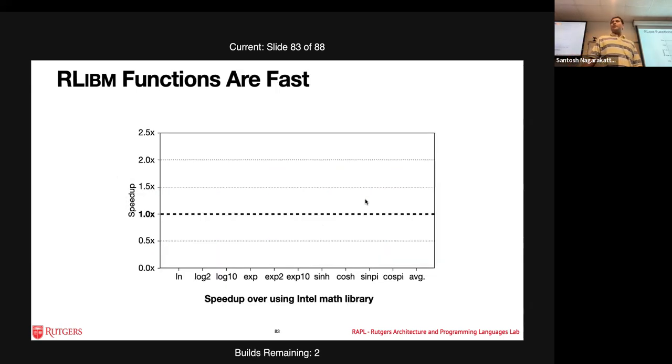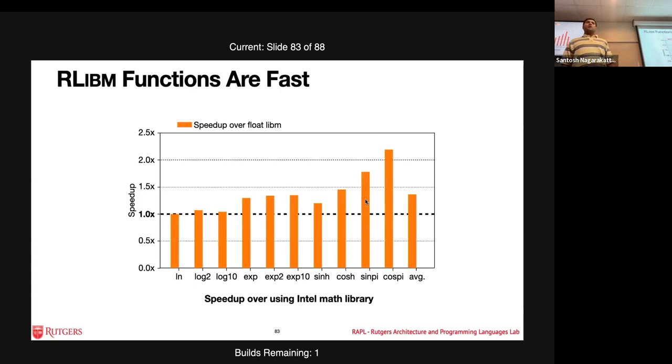The next question is, that's all good, but probably you're paying in terms of speed, right? In this graph, I'm going to show you the speedup of RLibm functions compared to the corresponding Intel functions. On average, RLibm functions are about 30% faster than the corresponding Intel functions implemented with 32-bit floating point.